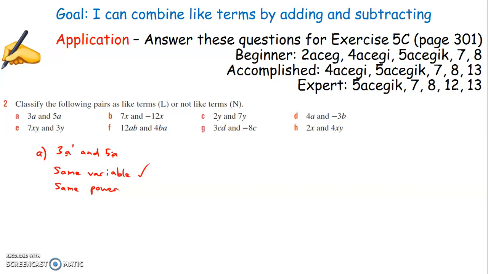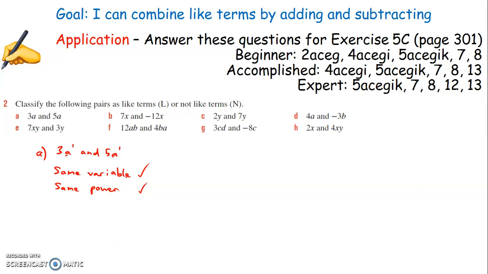The same for the A in 5A. It also has nothing at the top, so that means it has a power of 1. We will learn more about power in the future, but for now, you just need to know that if you don't see any number at the top of a letter, that means it has a power of 1. So they have the same power. So that is another tick.